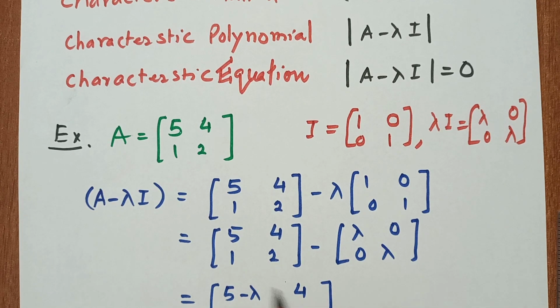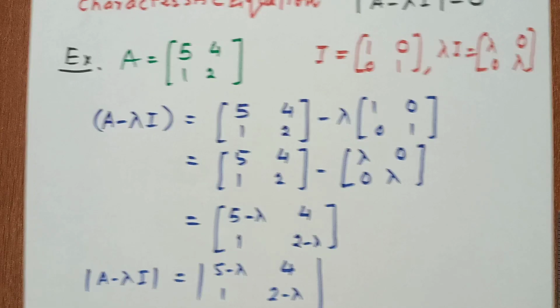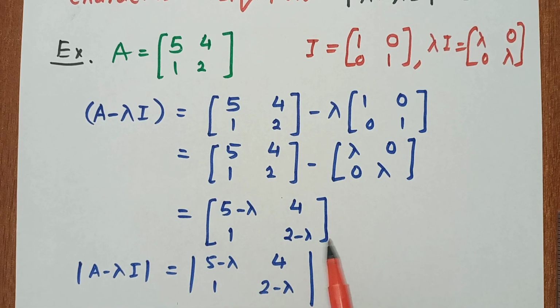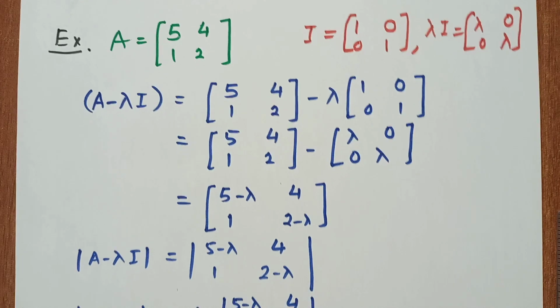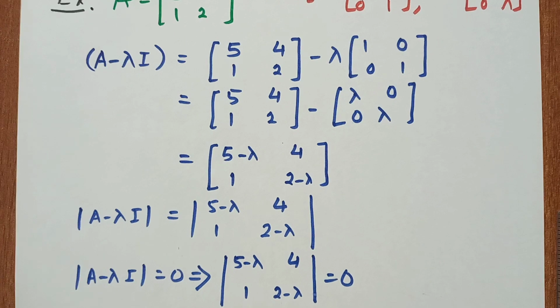So this is 5 minus lambda, 4, and here 1, 2 minus lambda. This is called the characteristic matrix. Now if we obtain its determinant, this determinant is called the characteristic polynomial.